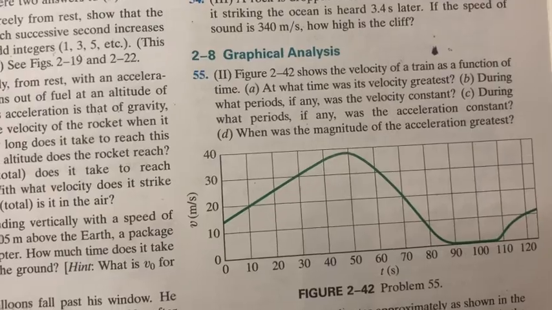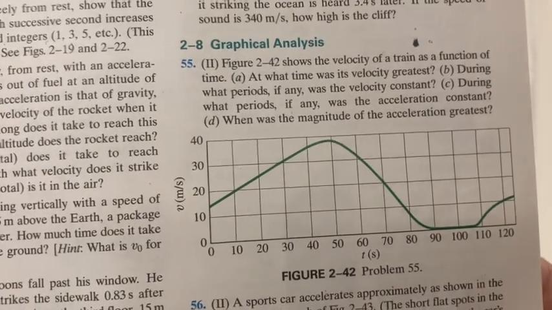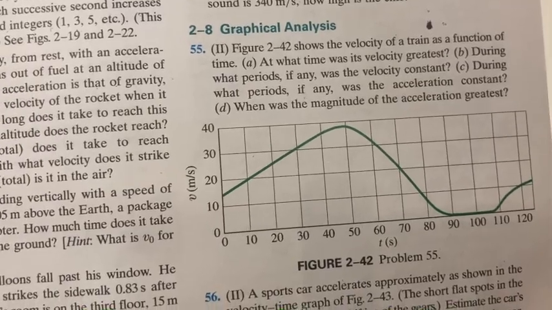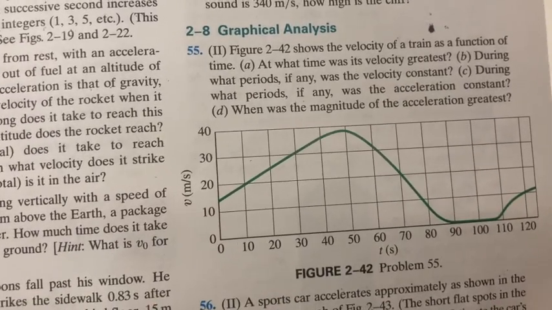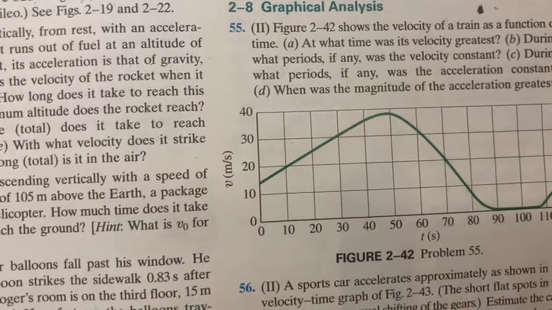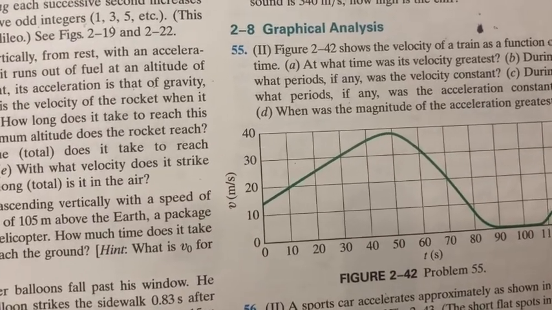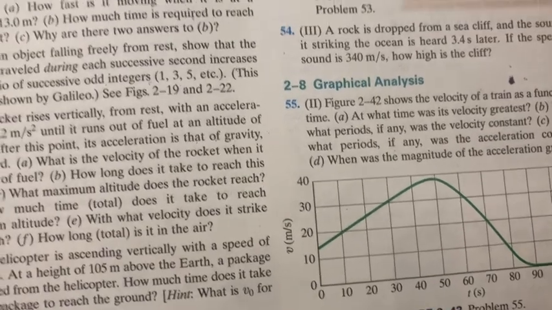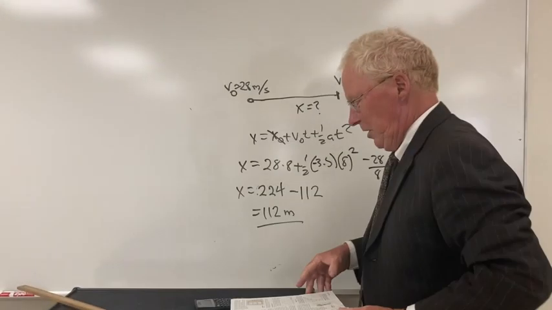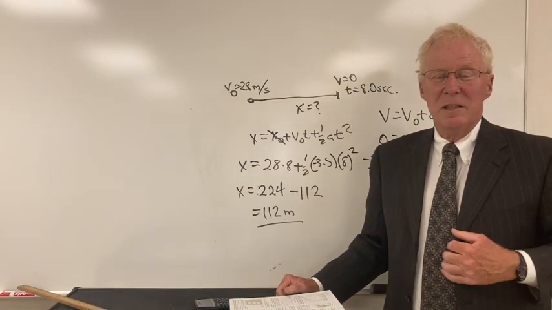During what times is velocity constant? And when is acceleration constant? Is there a time where the acceleration is 0? And what is the velocity at certain times? Those are some examples from chapter 2 as far as that exercise.